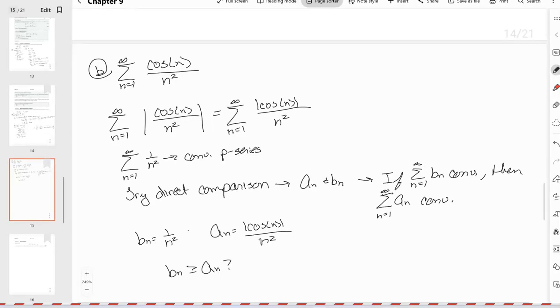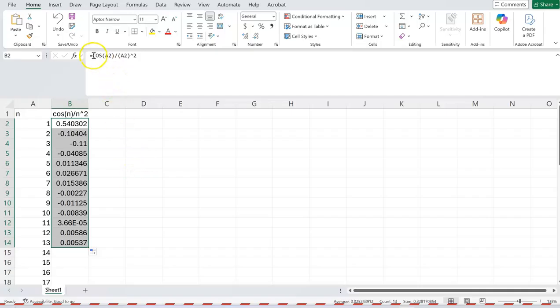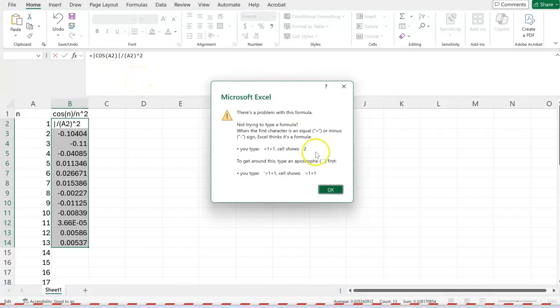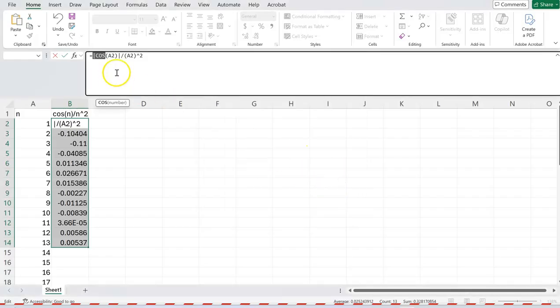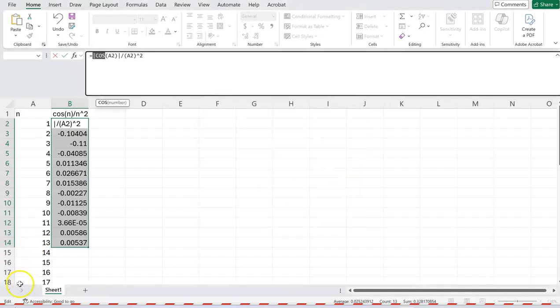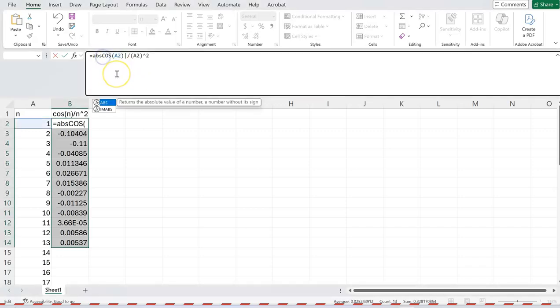I'm going to go back to Excel, and I'm going to look at absolute value. I'm typing ABS for absolute value.